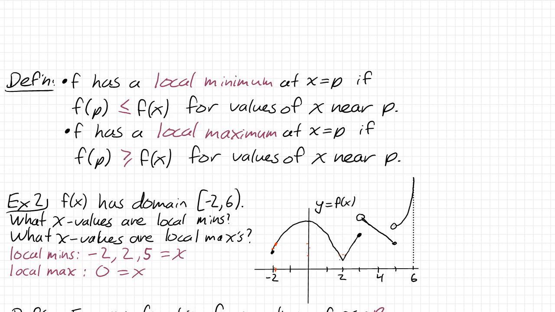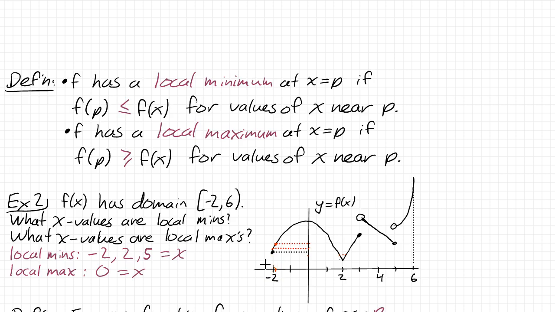If you plug in -2 here, the y coordinate that you get is a little bit less than all of these other y coordinates that you could get by plugging in values of x that are a little bit greater than -2, like -1.9. And you can't even plug in -2.1 because that's not in the domain, so it doesn't matter.